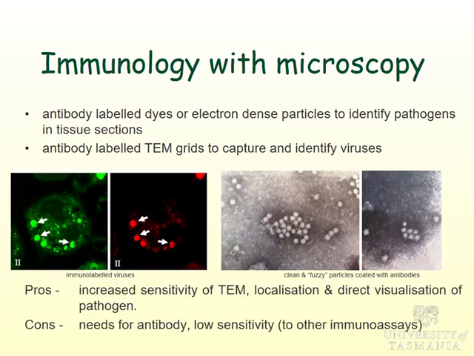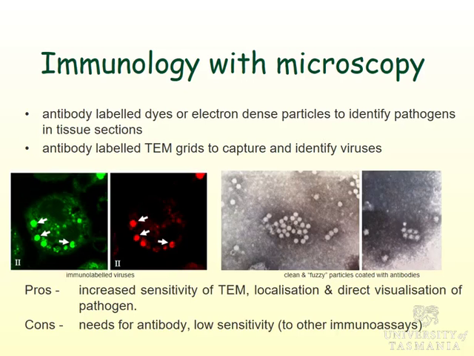Because we've used an antibody to this virus, and we just flooded the electron microscope grid with this antibody. And so millions and millions of proteins are bound onto the virus particle. All the antibodies are sort of bound onto it. So now when you look into the microscope, instead of having a nice clean outside image, it's a bit fuzzy because you're actually physically seeing the antibodies bound to the virus particle.